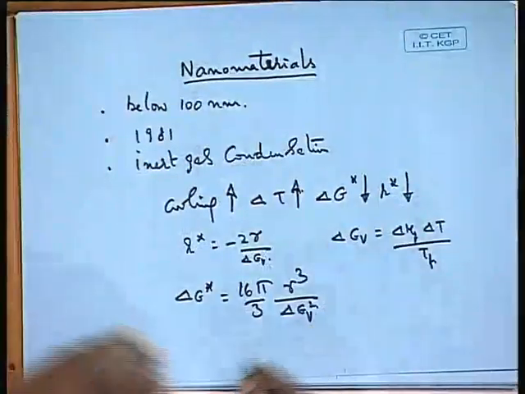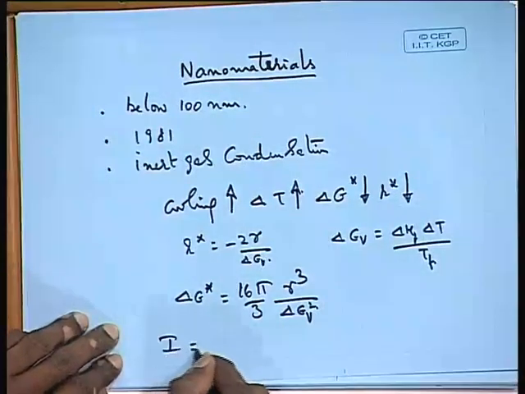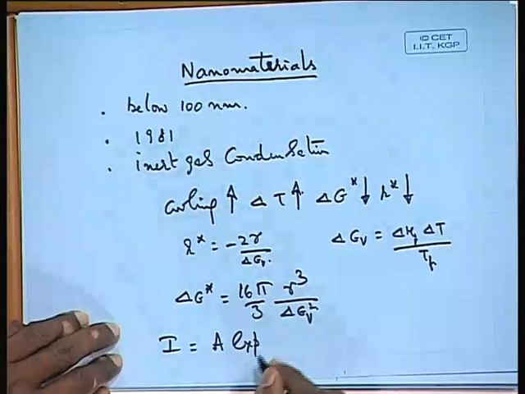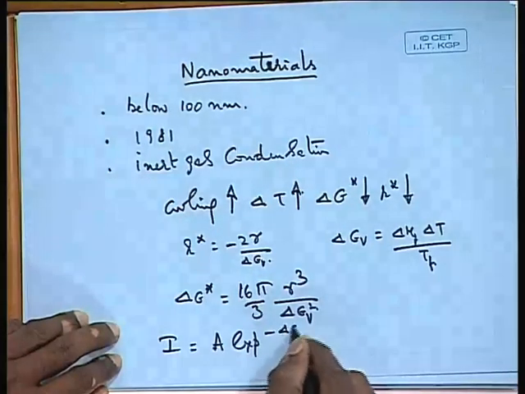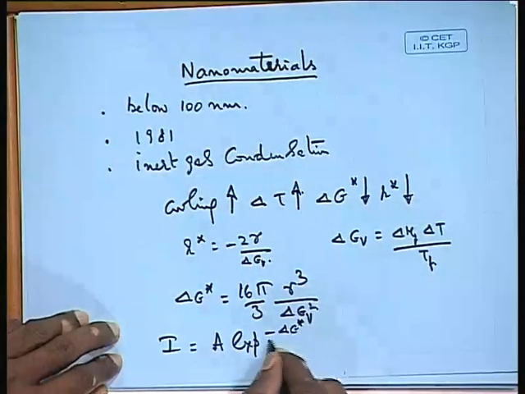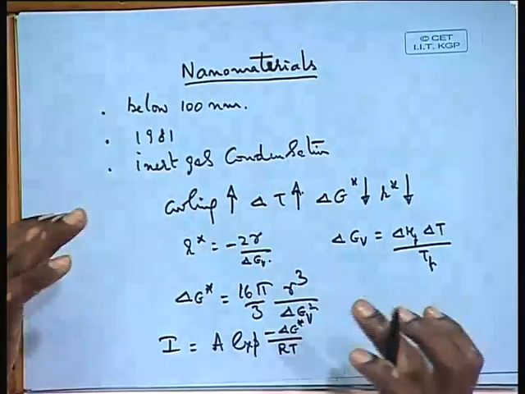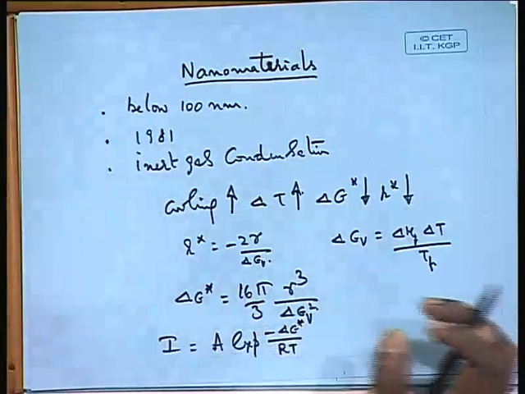Both R star and delta G star are inversely related to delta T, and we know that delta G star is the one which decides the nucleation rate. If you take the nucleation rate I, it is nothing but some pre-exponential term multiplied by exponential of minus delta G star by RT. This is in a nutshell, but we have to have the diffusivity term also added there.